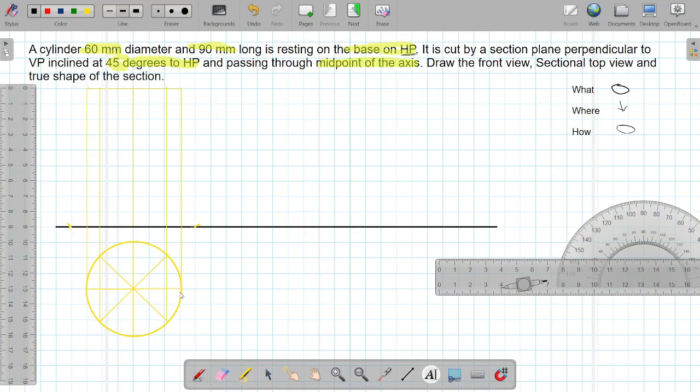Let us say this is point 1 along with A. This is point 2 along with point B. Then this is point 3 with C, and so on.